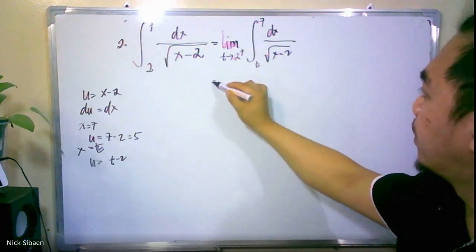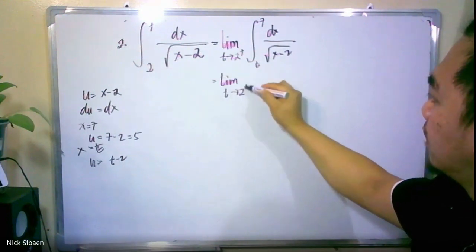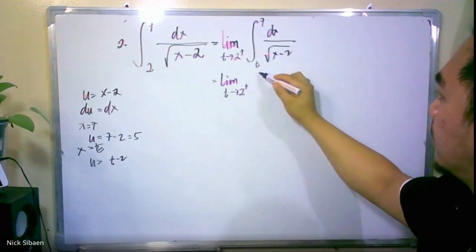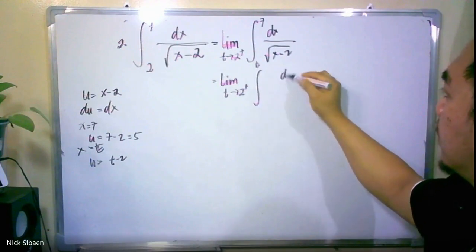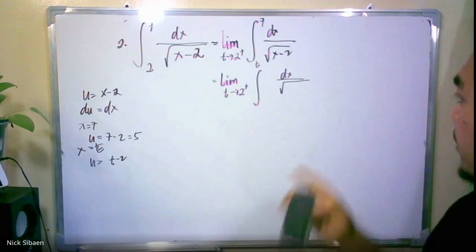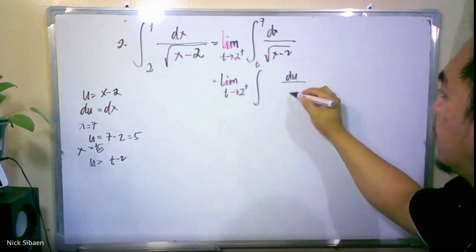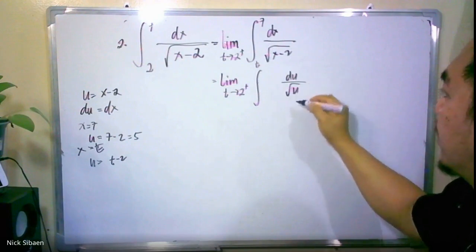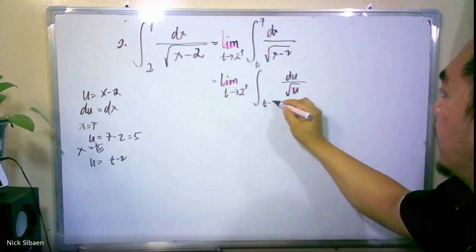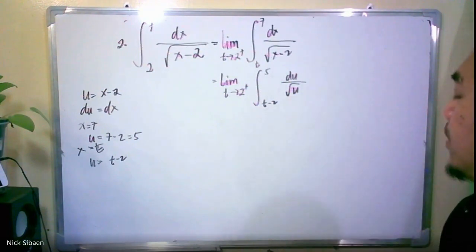So we perform the substitution first. So magiging du over square root of u from t minus 2 to 5.